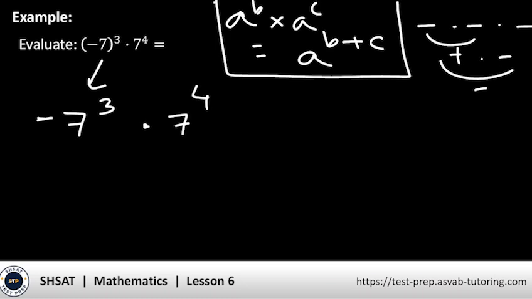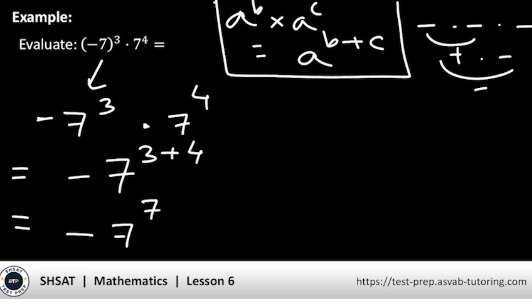Of course, now that the bases are the same, we are going to put the negative sign as it is, 7 as it is, and in the power, I'm going to add 3 and 4. So that gives us -7 to the power of 7. Okay, that's it. And whenever they tell us to evaluate, unless they tell us to find the entire number, we need to keep our answer in this format, in the shortest form possible.